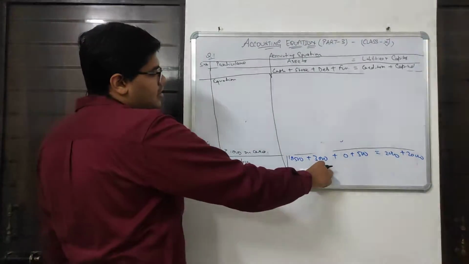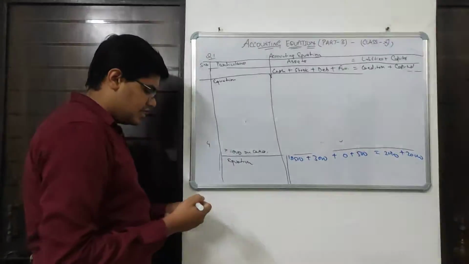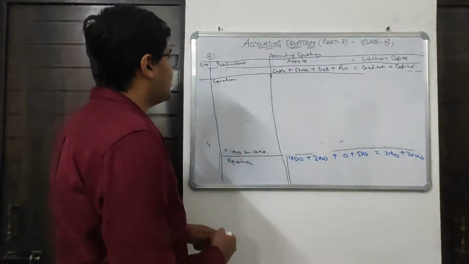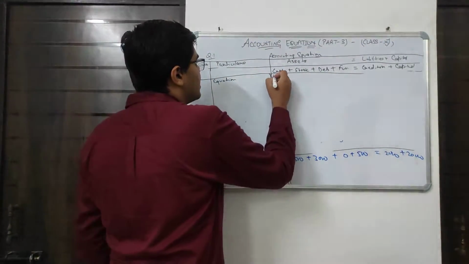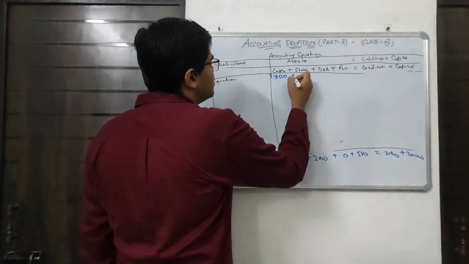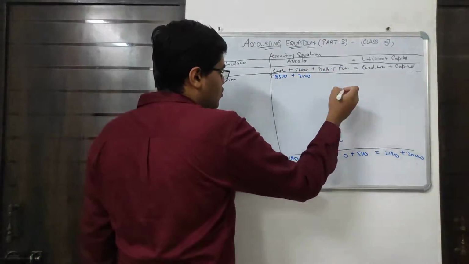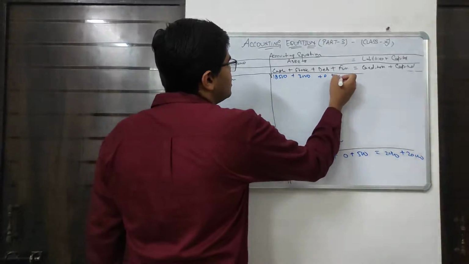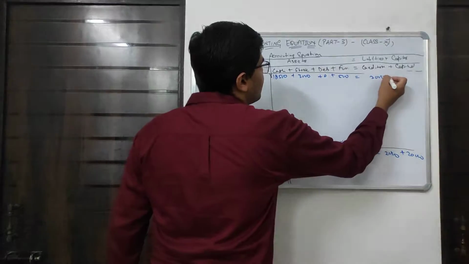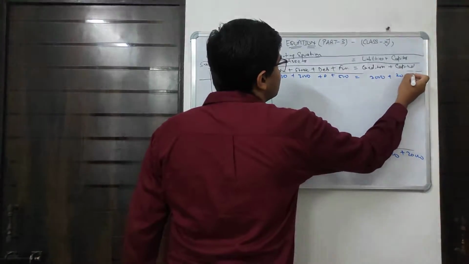The equation you have written here will be carried above, that is 18,500 in cash plus 3,000 in stock, no change in debtor, furniture 500, creditor 2,000, and capital 20,000.